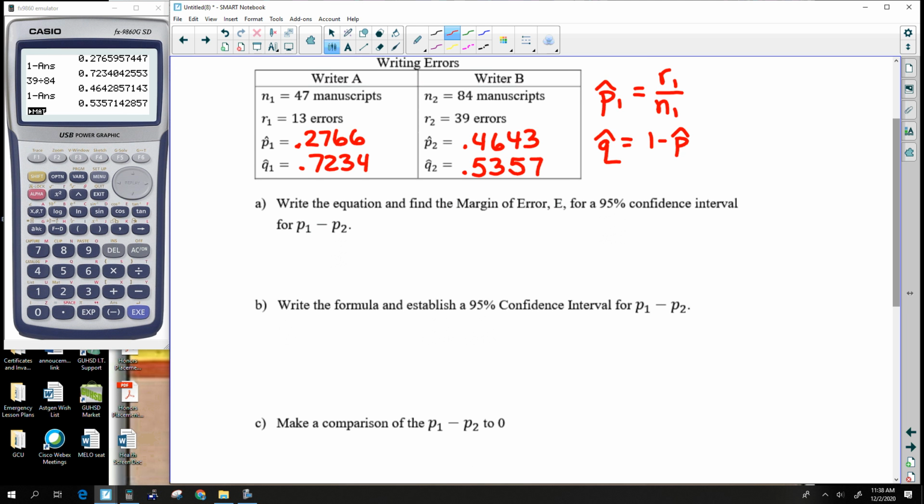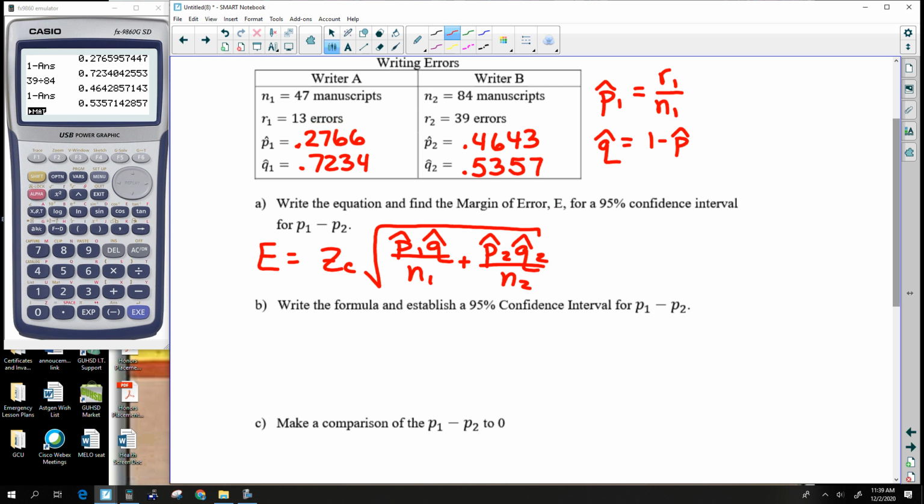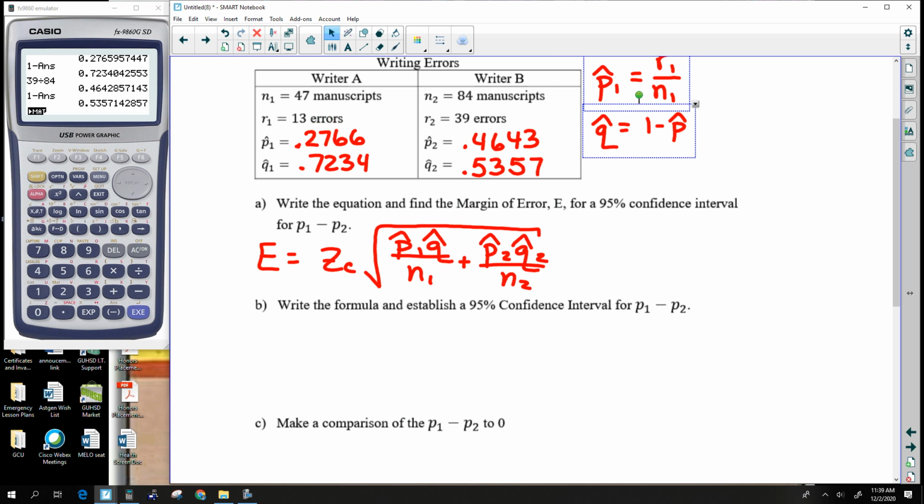Here we are asked to find a margin of error. The margin of error is going to be ZC times the square root of p hat 1 q hat 1 divided by n1, plus p hat 2 q hat 2 divided by n2. We do need a ZC to make this work.